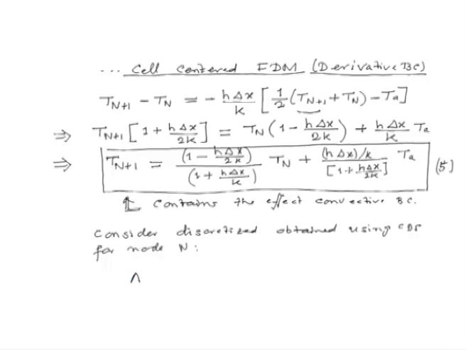So this is AW T of n minus 1 plus AP times T of n plus AE times T of n plus 1 is equal to QP at n. So all that we need to do now is eliminate Tn plus 1 from here using equation 5.